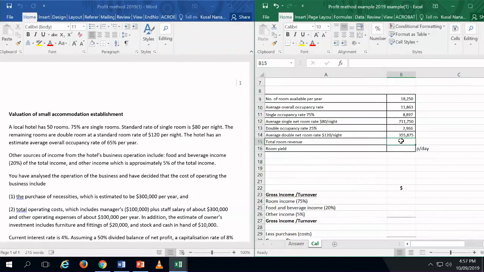The total room income, this plus this, and then room yield. This divided by total number of rooms. $59 per day.